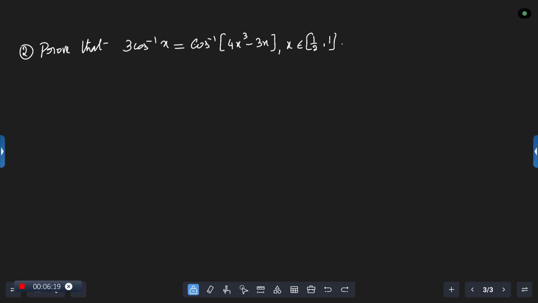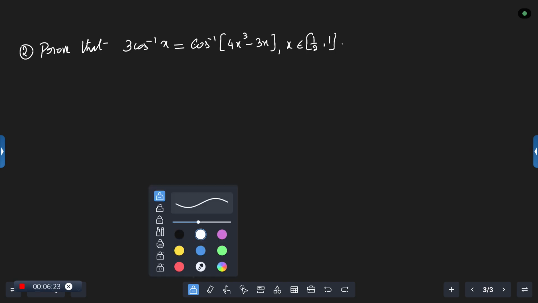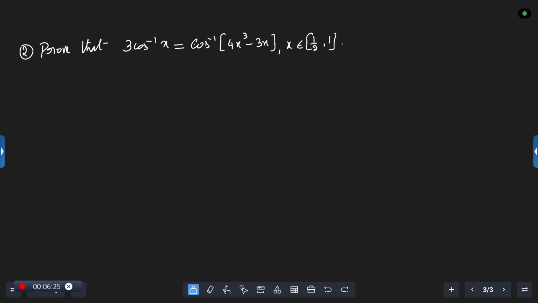Yes. Now the same proof, the same ideology we are going to apply here. Proof. What is the RHS? Right hand side is cos inverse of 4x cube minus 3x, where x belongs to 1 by 2 comma 1.